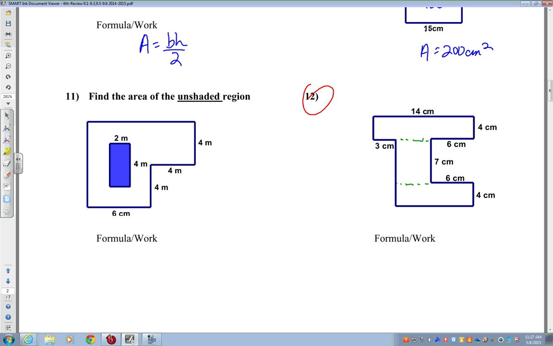How are you going to get just two shapes? Okay, and then don't cut this one. How are you going to get the area of this L shape? This one we know is a 14 by 4.